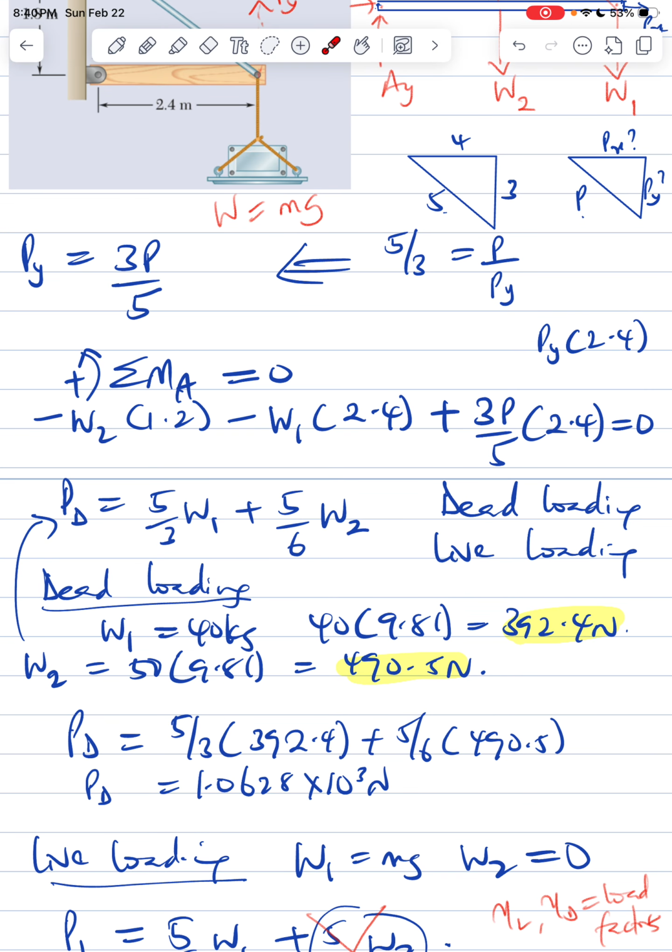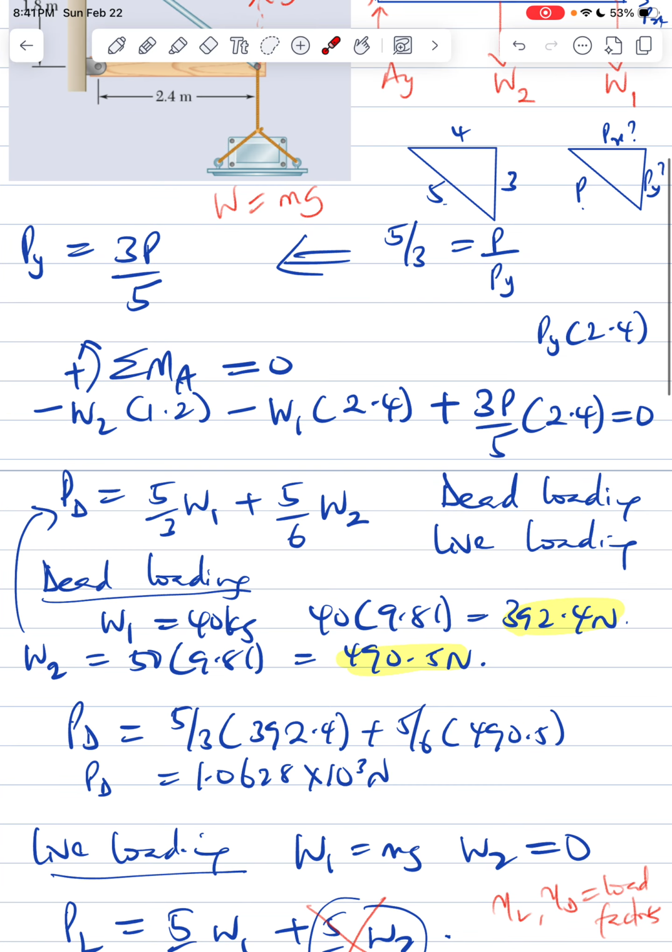So then we now have W1 and W2. We put these expressions into the dead load expression we had previously gotten. So that simplifies this and gives us the value for PD, which is 1.0628 times 10 to the power 3 Newton.